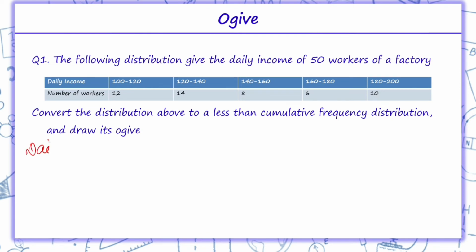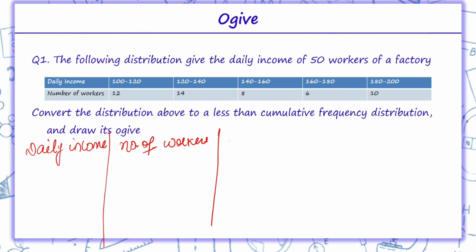So, daily income, we will first convert it into cumulative frequency. This is daily income. Then we have number of workers, and then because we have to find the less than cumulative curve, we will write over here less than cumulative frequency.